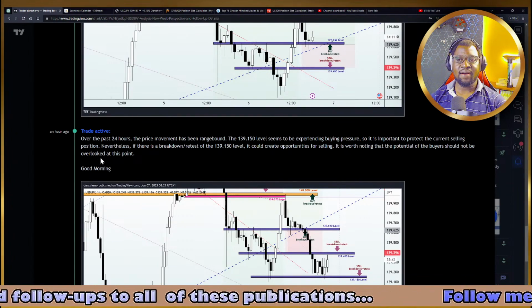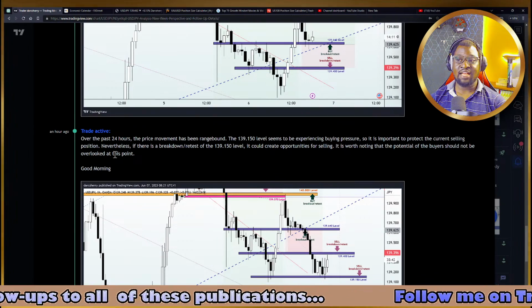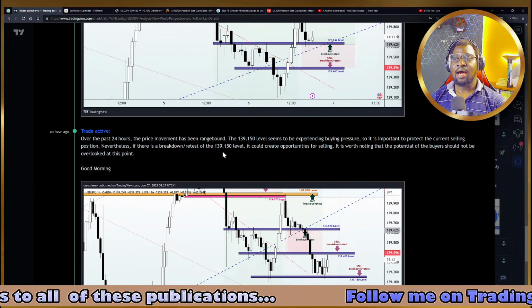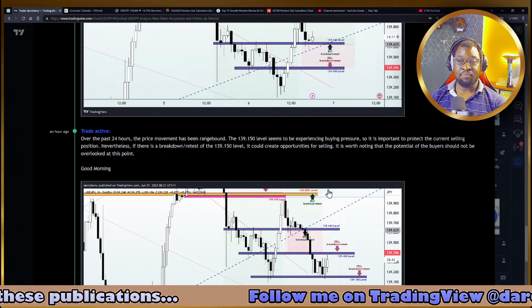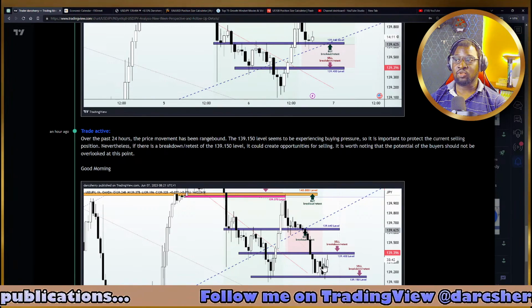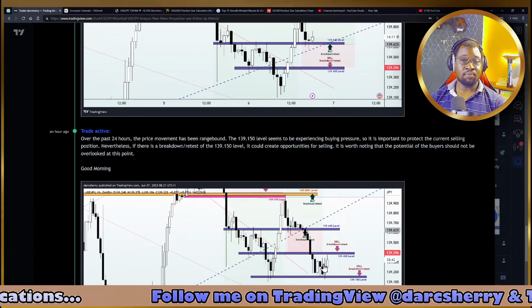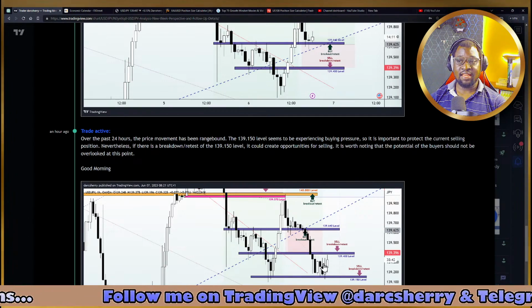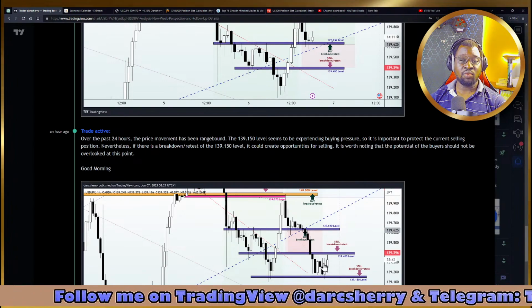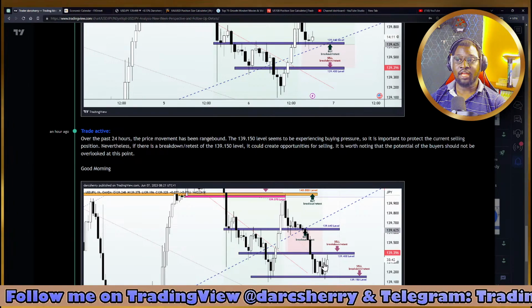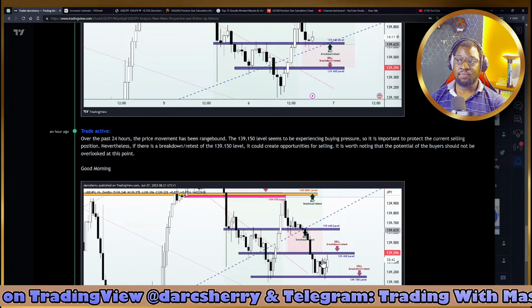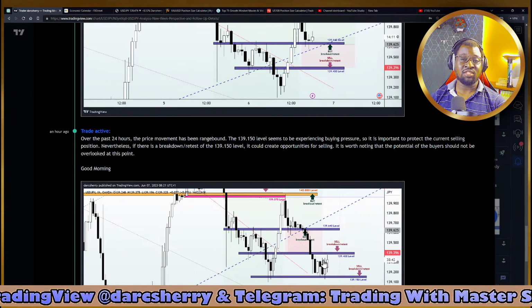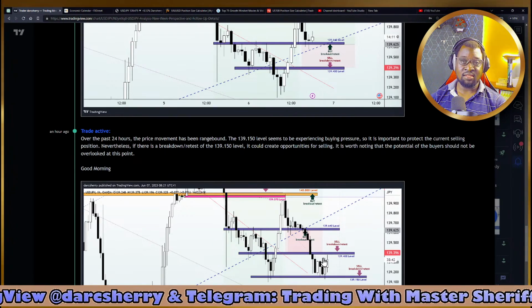I said over the past 24 hours, the price movement has been range bound, and the 139.150 level seems to be experiencing buy pressure at the moment. And so it is important to protect the current selling position. Nevertheless, if there is a breakdown retest of the 139.150 level, it could create opportunities for selling. It is worth noting that the potential of the buyer should not be overlooked at this point.